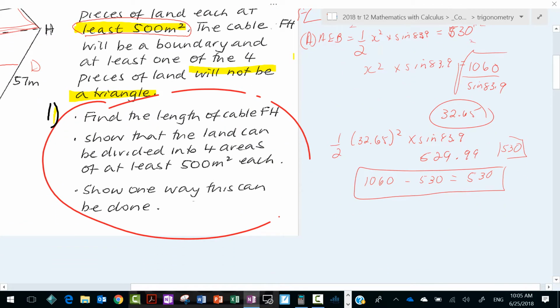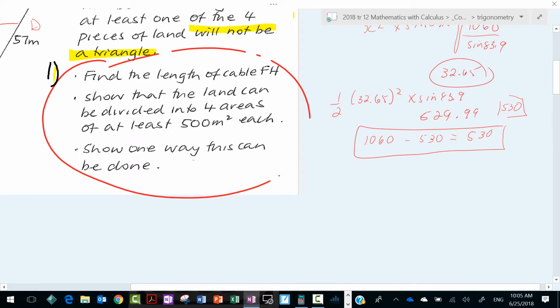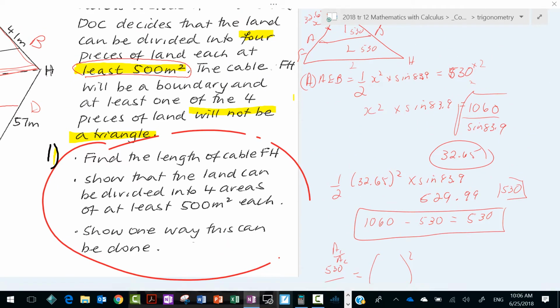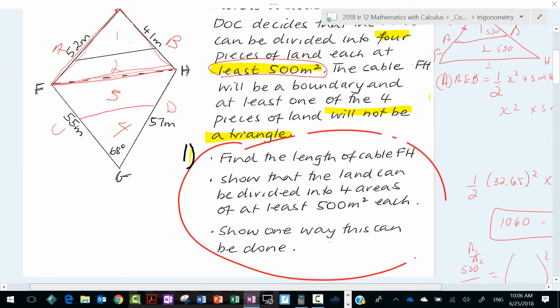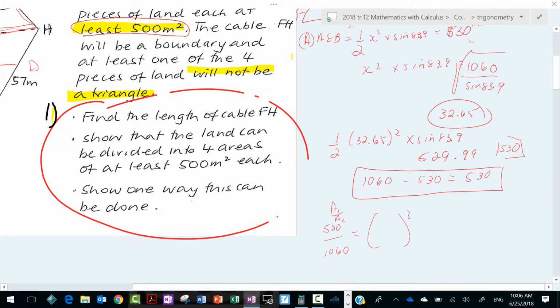Now, could I have done the other option, which is to use the 530 over 1060, those are the areas of A1 over A2, is equal to the square of the side ratio? Doesn't matter which side I use, 52, right?